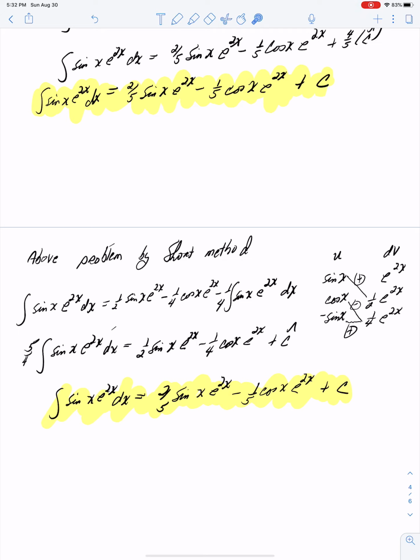There's the first term. The next term is this times that with this minus sign, so it's minus 1/4 cosine x e to the 2x. And then finally, when we're back where we started, remember going straight across corresponds to the last integral in integration by parts. And it's going to be a minus times a plus is a minus. So you get minus 1/4 e to the 2x sine x dx, and I can take the quarter out.